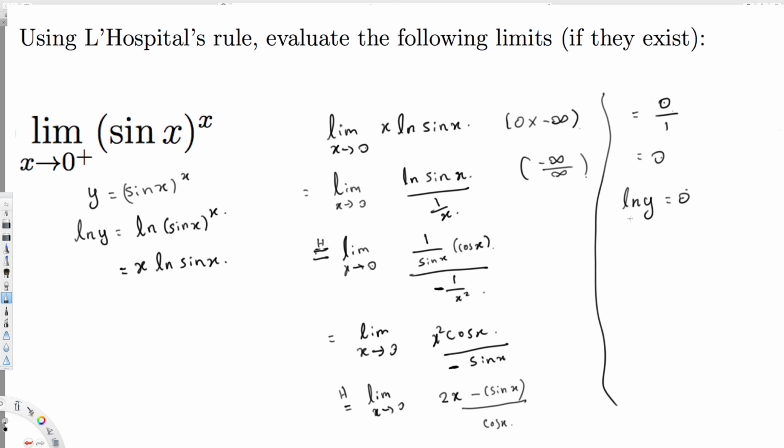To eliminate the ln, the only way is to take e to the power of both sides. e power ln y, and e power 0. The e and ln cancel each other, so y is equal to e power 0, and we know e power 0 is 1. Therefore, y is equal to 1. This is the final answer, and that's how we solve this problem. I hope you guys understood this concept. See you next time.